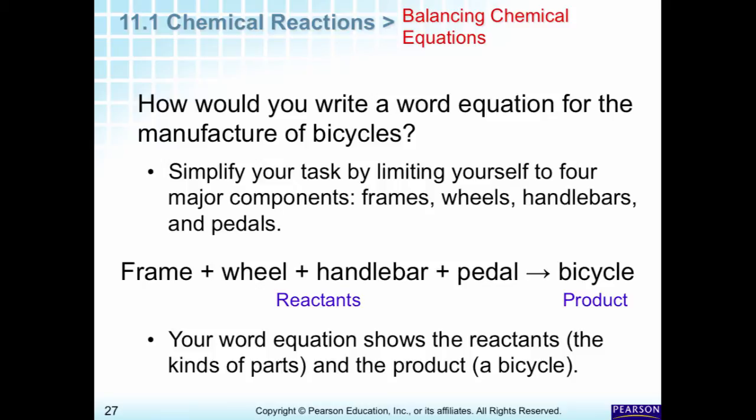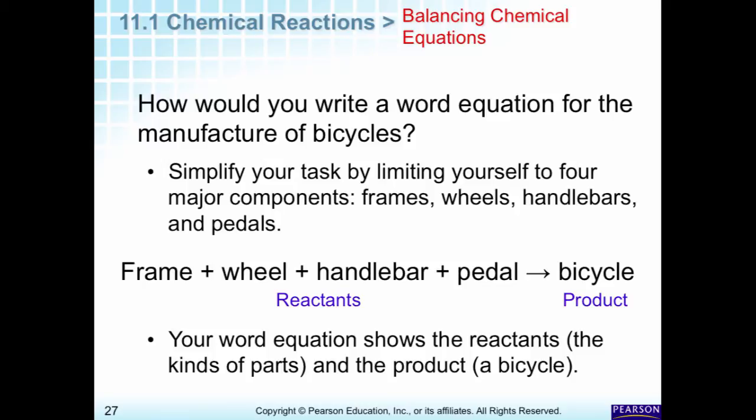Now, how many frames do we need? Well, you only need one frame for a bicycle. How many wheels do you need? Well, you need two. How many handlebars do you need? Well, one. And pedals, you need two, right?